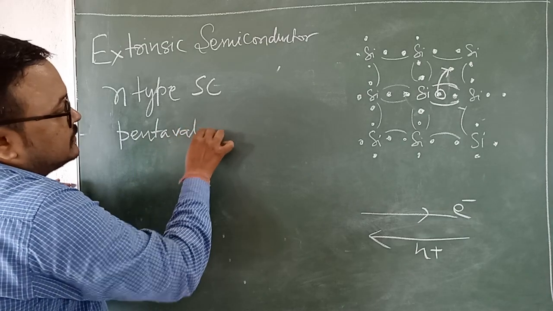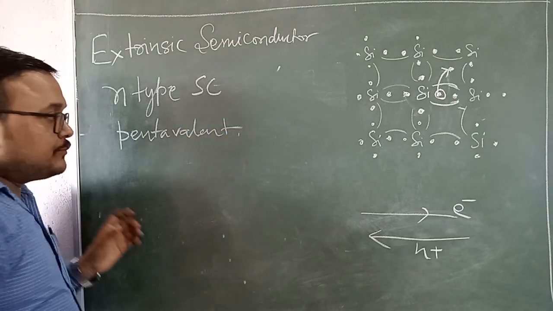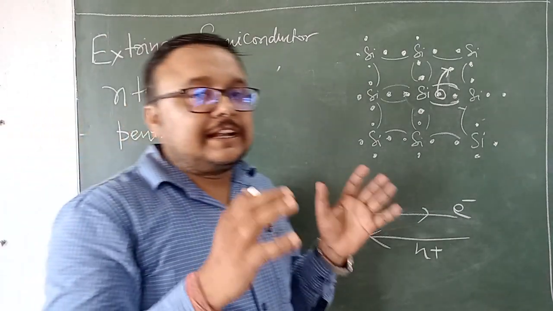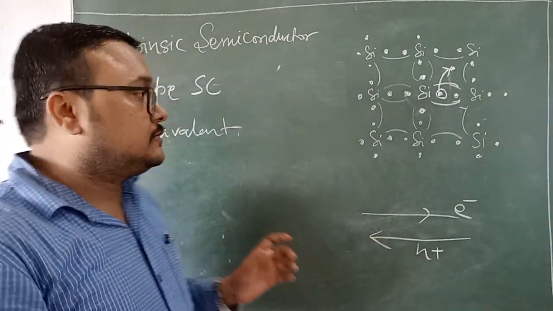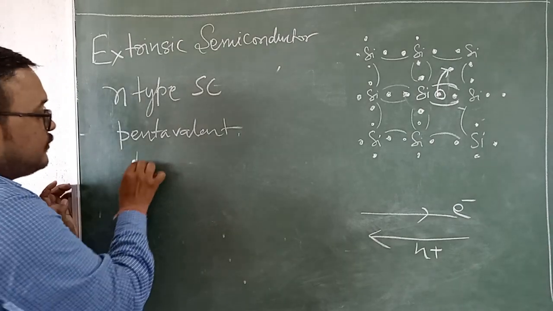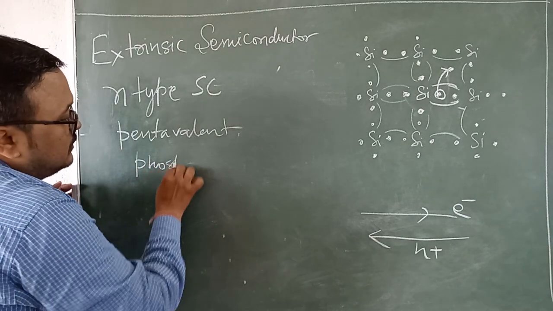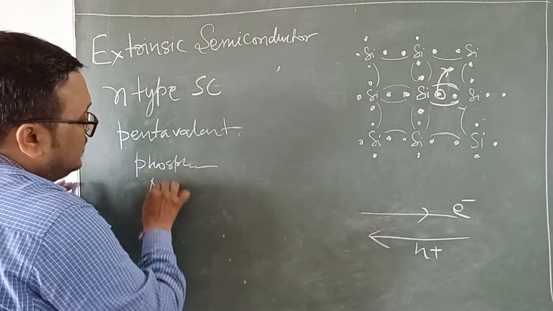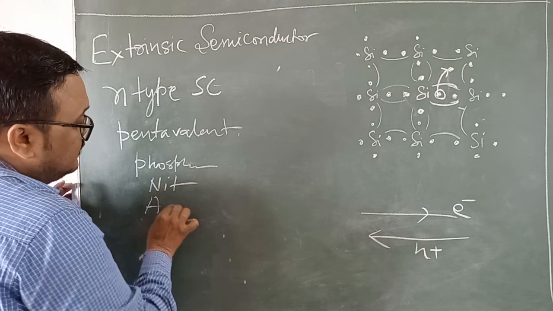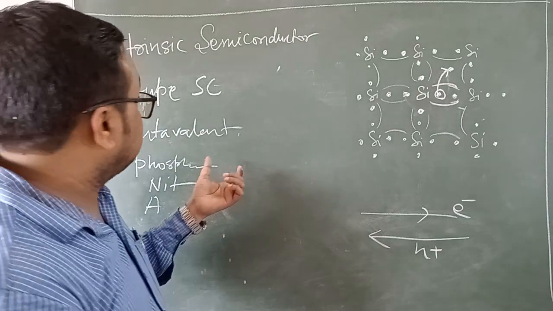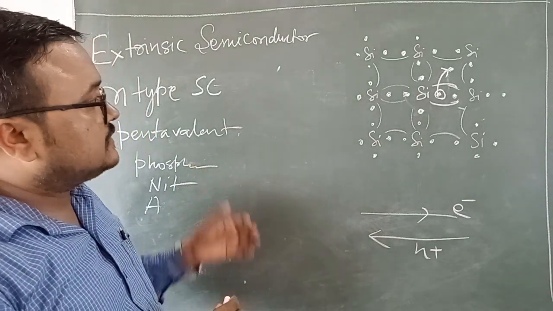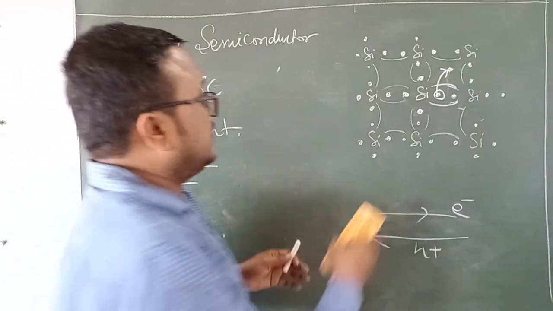Pentavalent impurity means an atom which has 5 electrons in its outermost orbit, for example phosphorus, nitrogen, arsenic, elements like that. So this is the pentavalent impurity.